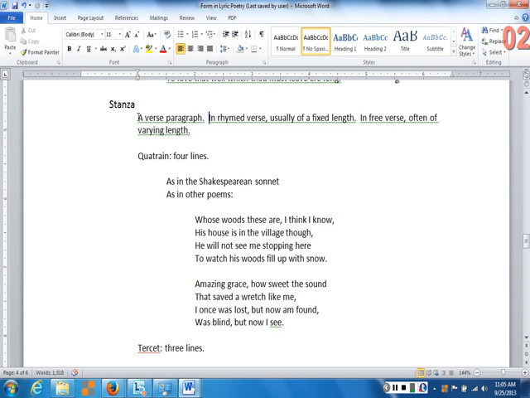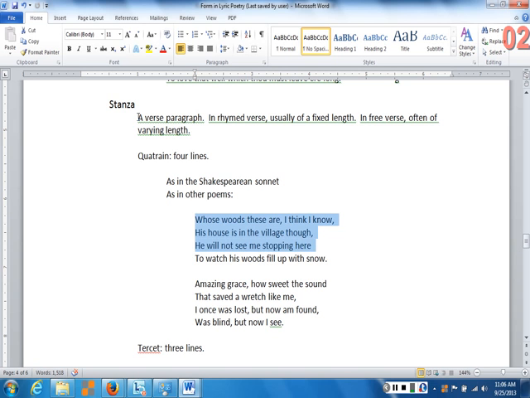So it is a certain number of lines grouped together and then set apart from other groups of lines. What sets them apart on the page, when you are actually writing down a poem, is simply a break between the groups.